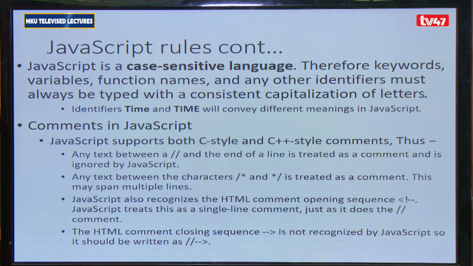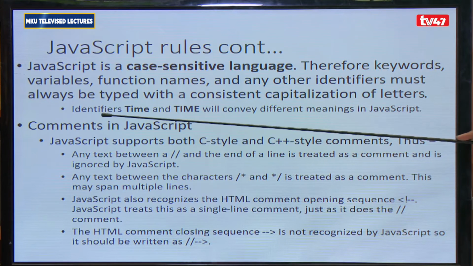The third rule, or the other rule, is that JavaScript is case sensitive. When we say case sensitive here, we mean that keywords like variables, function names, and any other identifiers that you may be using have to be typed with consistent capitalization of letters. Meaning, you don't decide where to put your capital letter anyhow. Those will be treated as two different identifiers with different meanings in JavaScript.